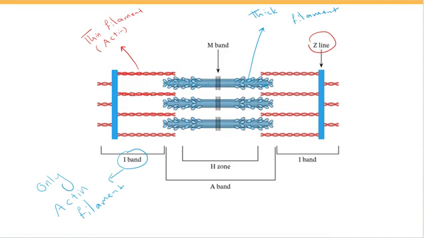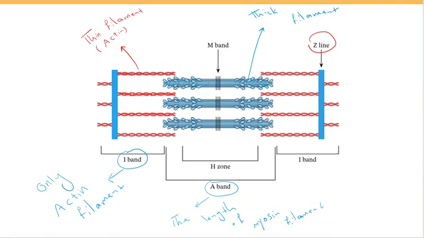Okay, and then in the middle of the sarcomere, we have the length of the myosin filament, and we see this region as a dark region, called the A band. So the A band would be the length of the myosin filament.